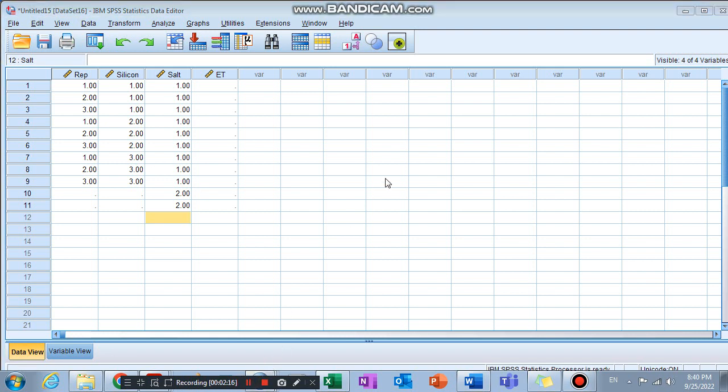I mean, we have 4 levels of salt, and each level has to be in each silicon level. So each salt level is repeated 9 times, because we have 3 replications and 3 silicon levels, so 3 by 3, 9. 1, 2, 3, 4, 5, 6, 7, 8, 9.